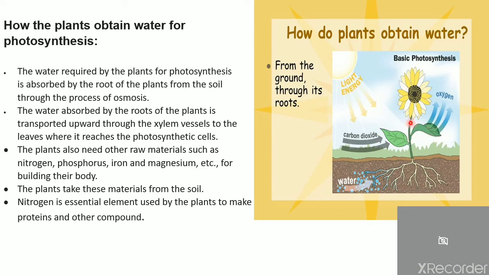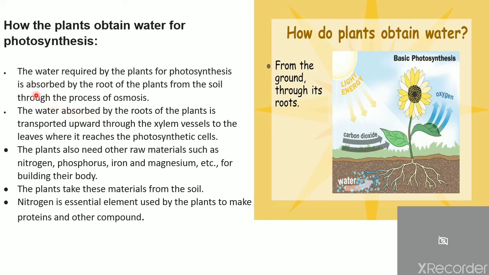If you remember, in the last class we learned that in the stem there are channel-like structures called the xylem vessels, through which water absorbed by the roots travels and then reaches up to the leaves.